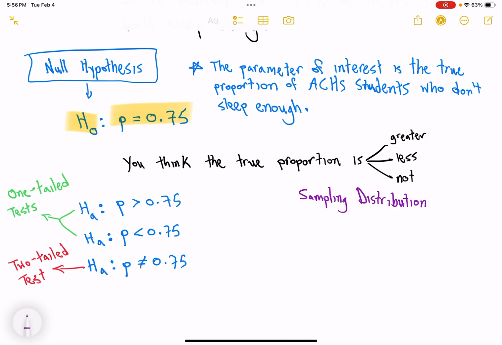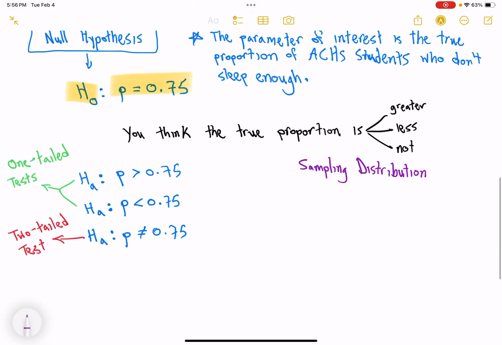Okay? So what I want you to imagine for this is a sampling distribution where the mean of that sampling distribution is the null hypothesis. Okay? So I'm going to draw a relatively normally distributed one.